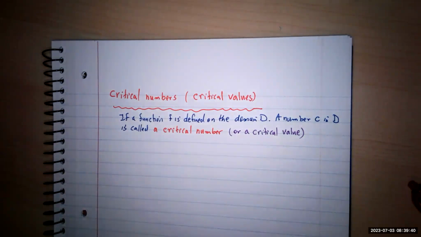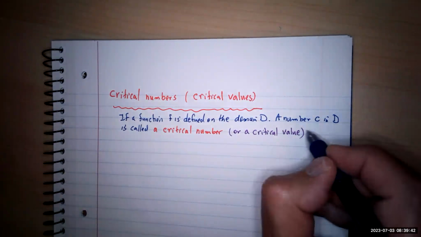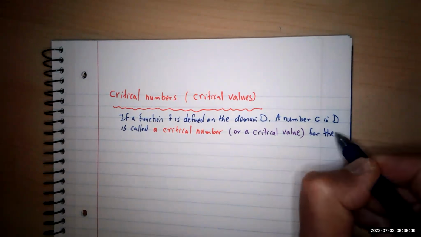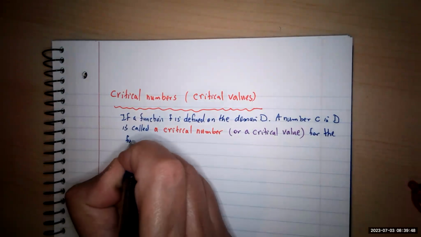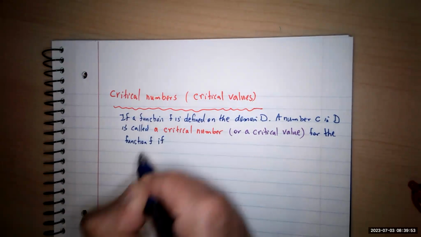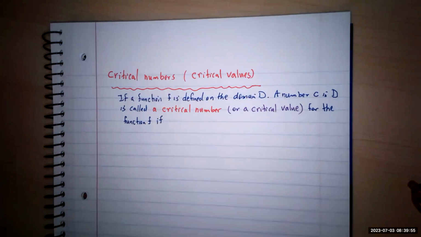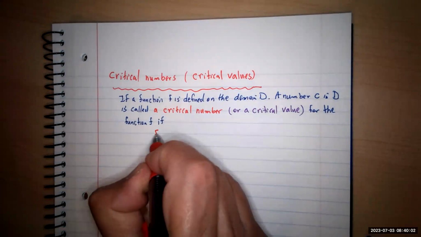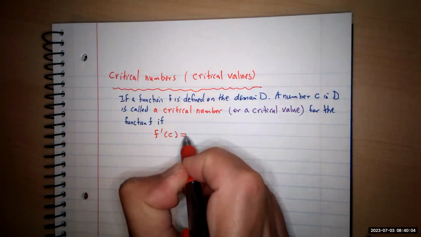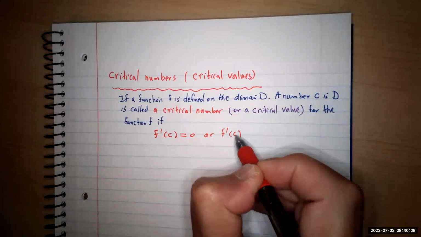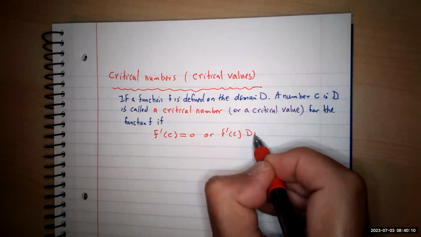A critical number or critical value for the function f, if this number is coming from two different sources. The sources are where we get the horizontal tangent line, f prime of c equal to 0, or where you get a vertical tangent line, f prime of c does not exist.